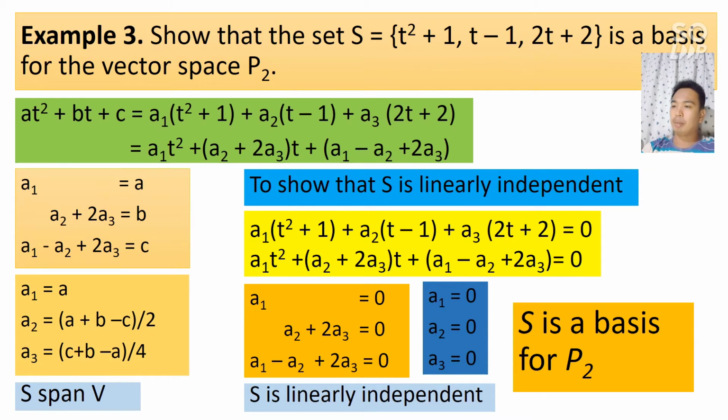Let's have example number 3. Show that the set S, t squared plus 1, t minus 1, 2t plus 2, is a basis for the vector space P2.